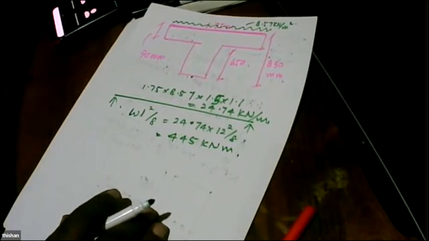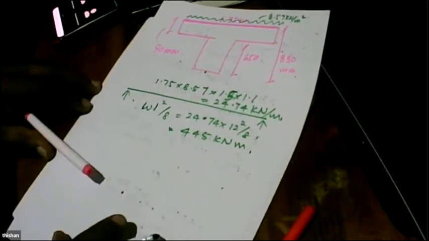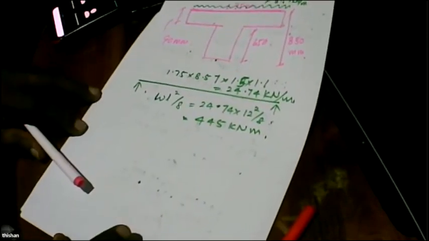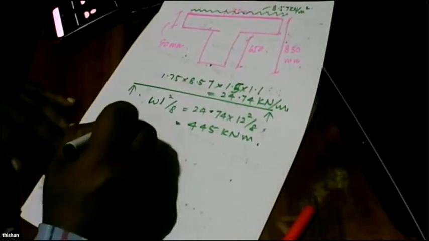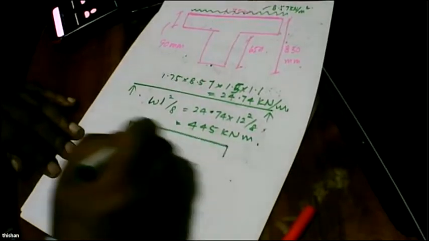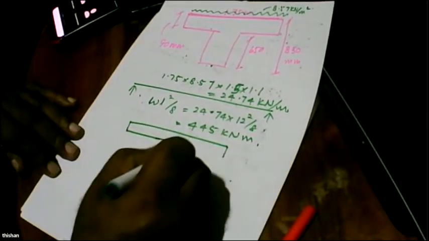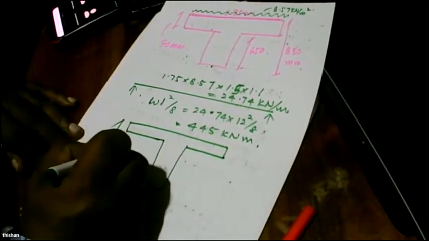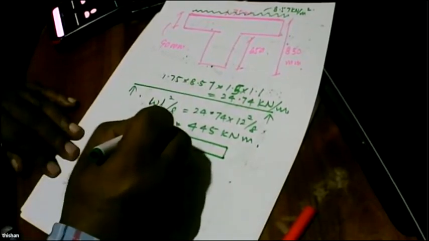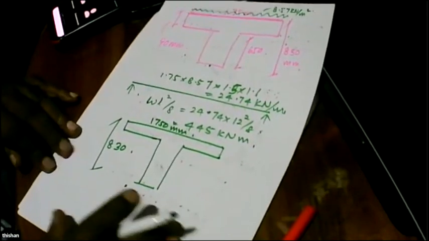Because every 1.75 meters we are going to have a beam, the load carried by a beam is whatever live load acts over 1.75 meters. So we are going to get about 445 kilonewton meters, but we have an advantageous position because we have a beam of 830 millimeters depth and a flange width of 1750 millimeters.